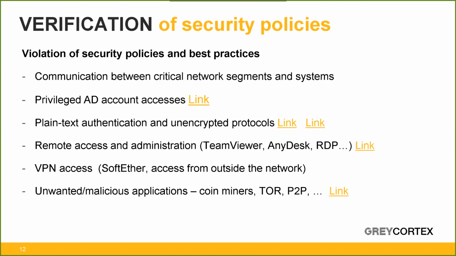So basically everybody could just go to the restaurant, get some meal, connect to the network, check emails, and so on. What we found out was that it was possible to connect from this Wi-Fi to other segments of the network, and even the critical segments of the network.